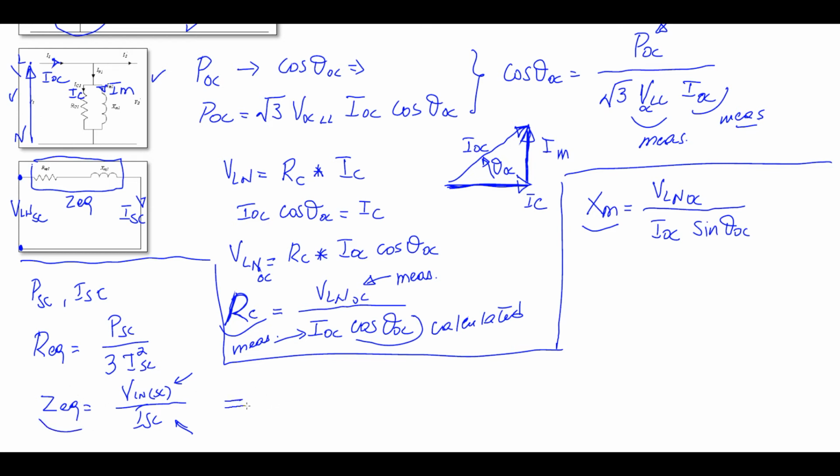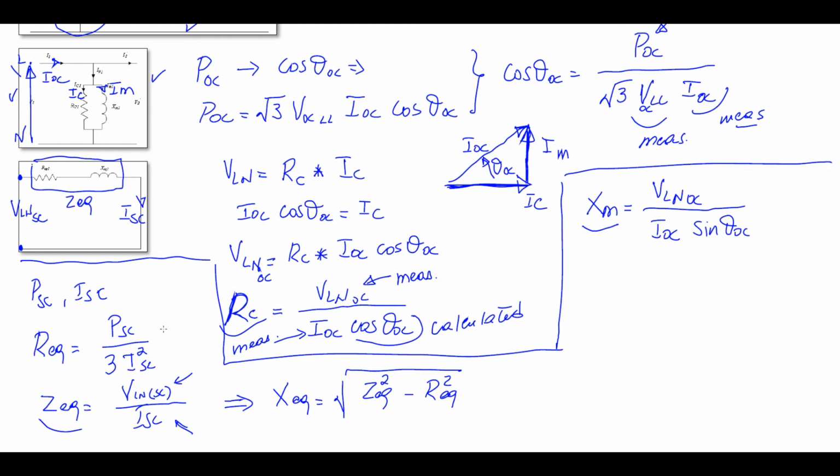Once Z is calculated, we can find X equivalent, which is the root of Z equivalent, the calculated one, squared, minus R equivalent squared.